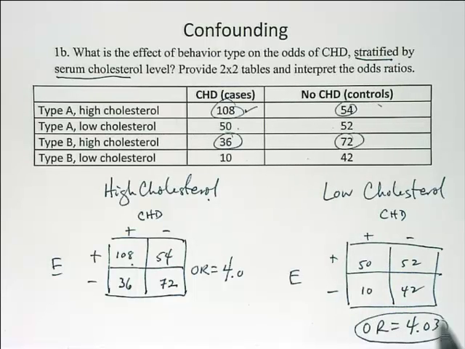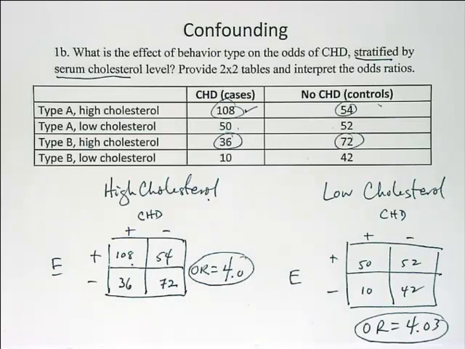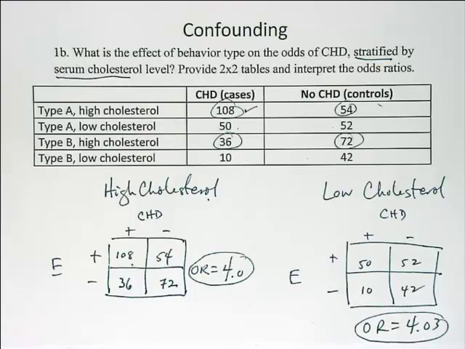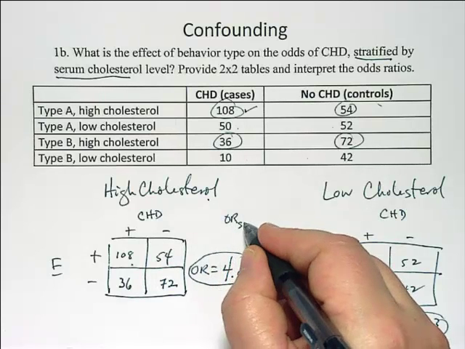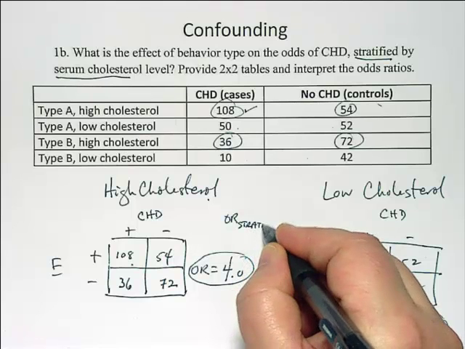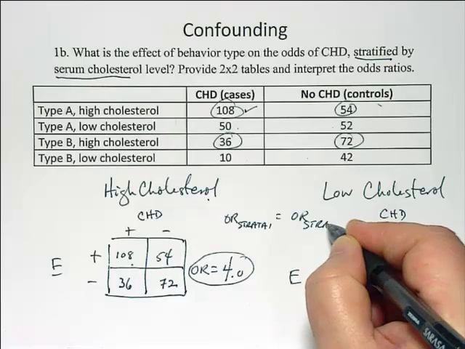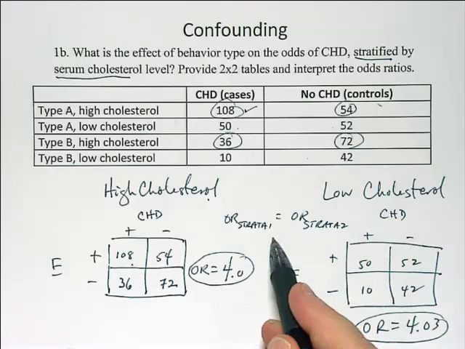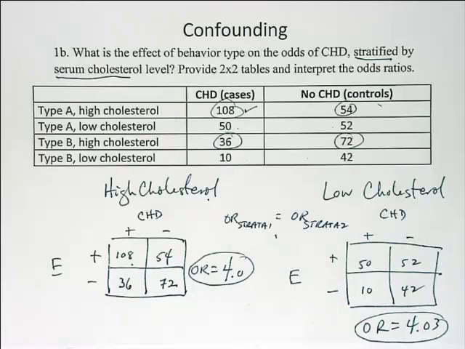So this is the very first step where we now start looking at the conditions for confounding. One of the conditions for confounding is that the odds ratio in strata 1 should be the same as the odds ratio in strata 2. It doesn't have to be precisely equal.